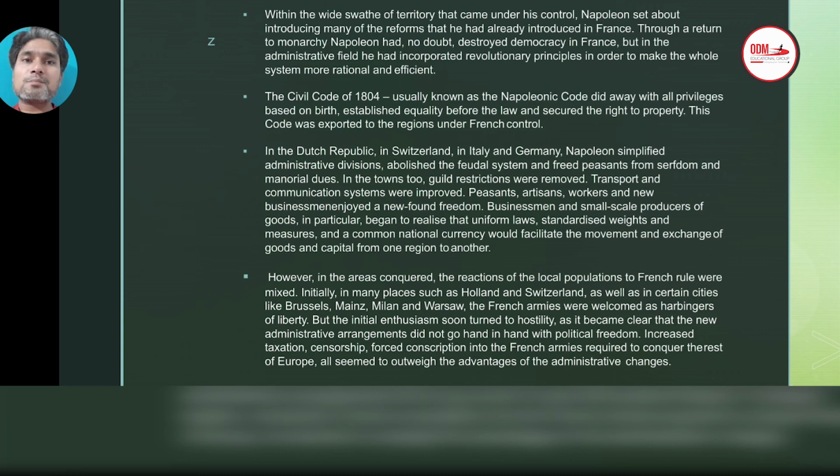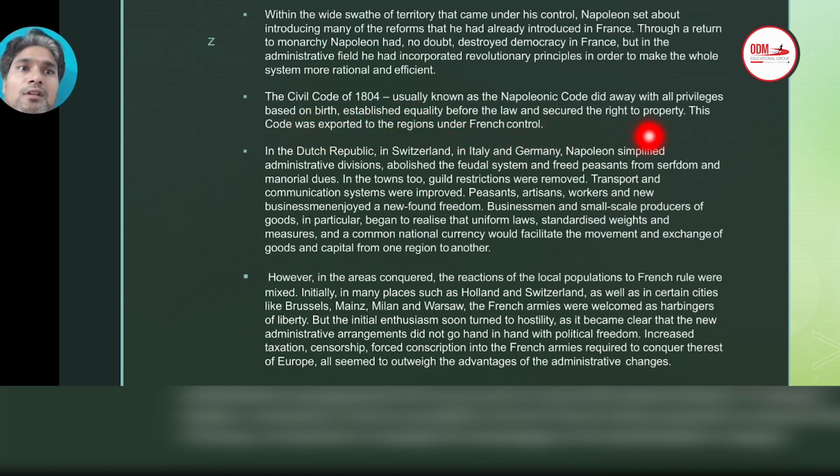He introduced his civil code of 1804, which was known as the Napoleonic Code as well, under which he came up with many administrative reforms, right. It did away with many of the privileges based on birth, established equality before the law, and secured the right to property.